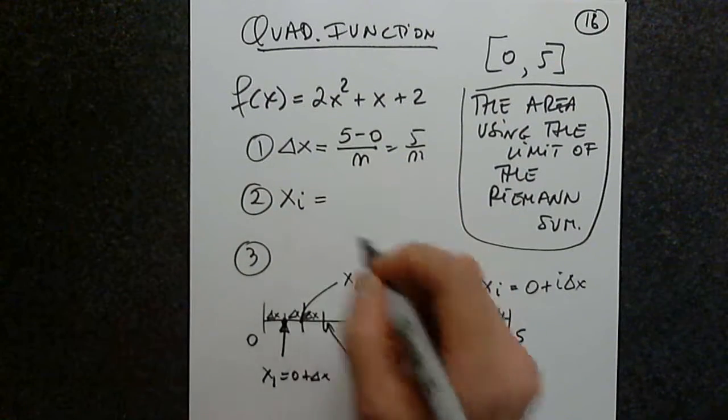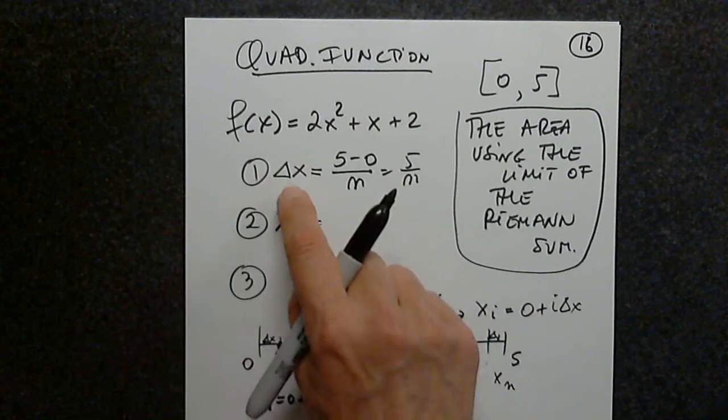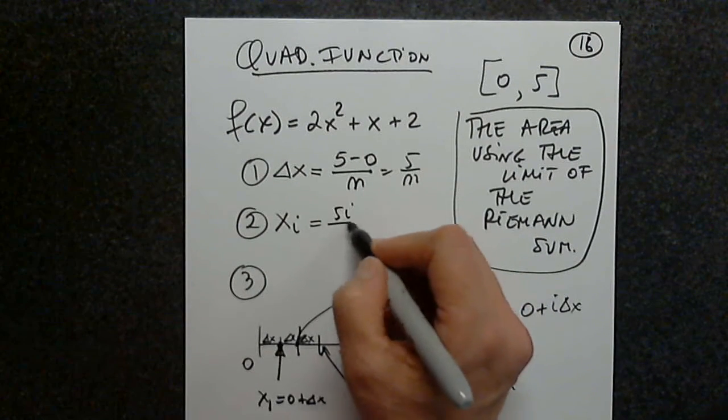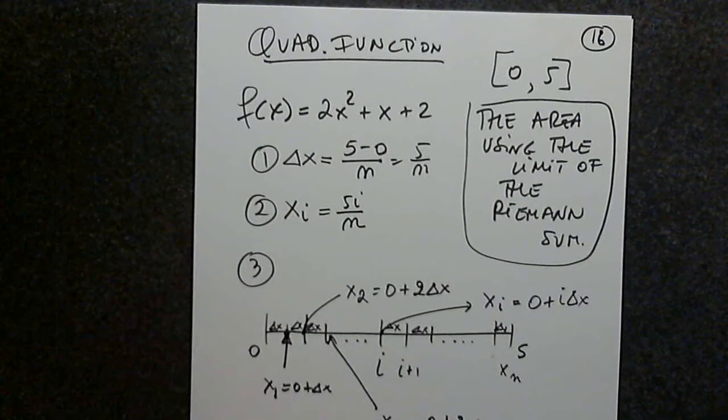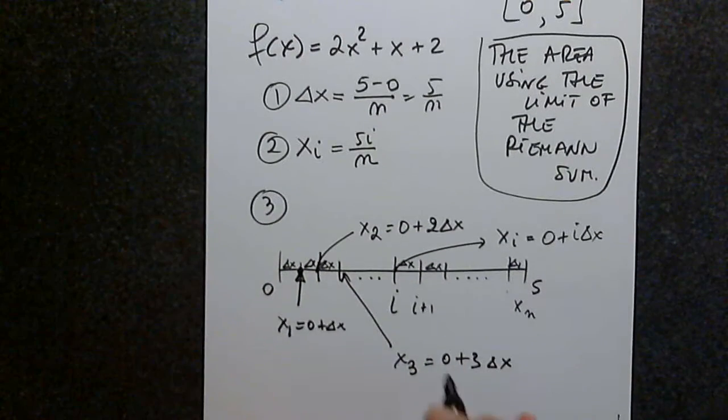That's it. Since it's 0, I'm not going to write it, but I'm going to write i times delta x. 5i over n. We'll do this on several problems. The first one, as I said, takes some time.